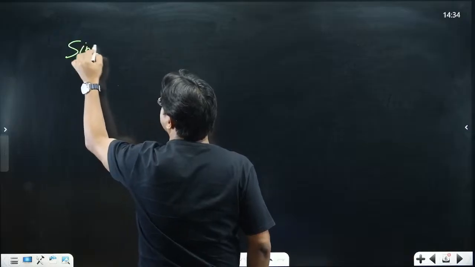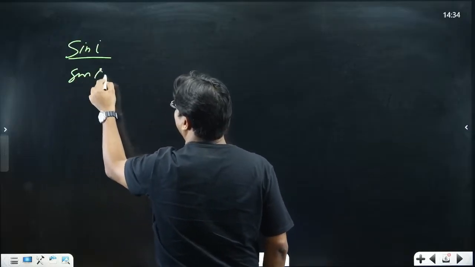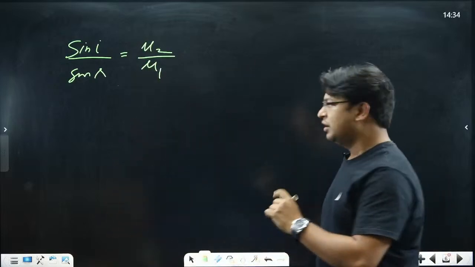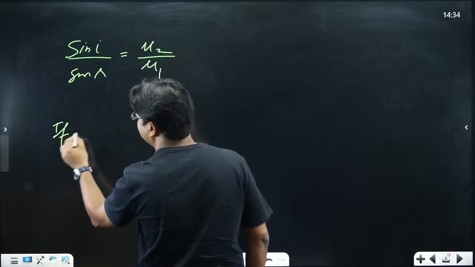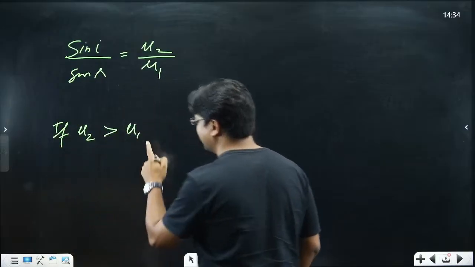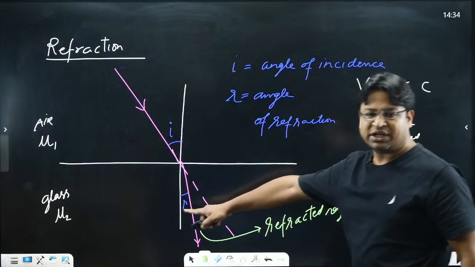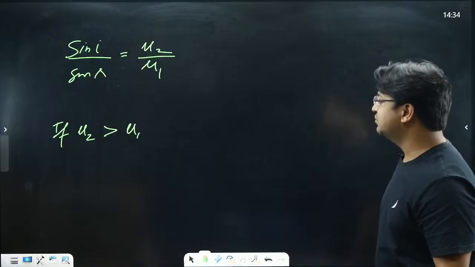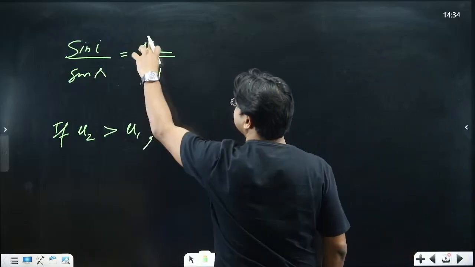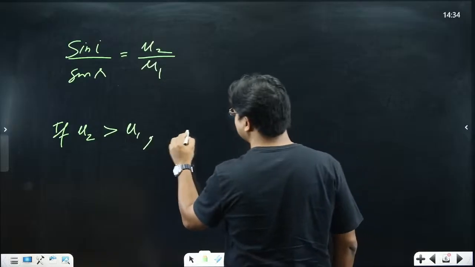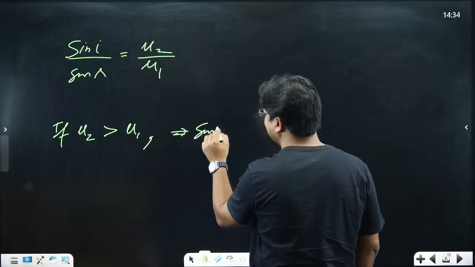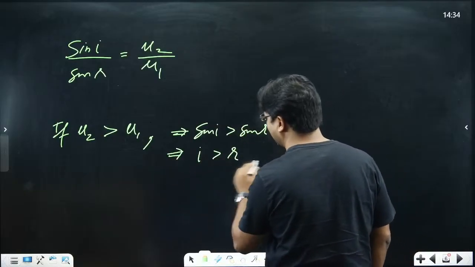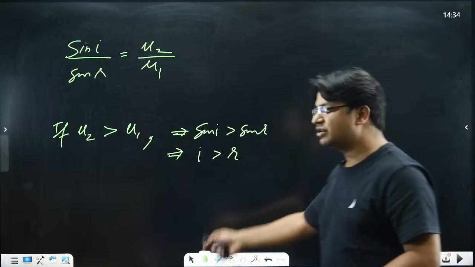So if we write sine I by sine R, we get mu2 by mu1. Now, notice this carefully. What does this tell us? That if mu2 is greater than mu1, which was the scenario here, the second medium, glass, had a higher refractive index than air. So when mu2 is more than mu1, we can say that this ratio will be more than 1, which also means that sine I will be greater than sine R, or which would mean that I is greater than R. In other words, the ray would have bent towards the normal.